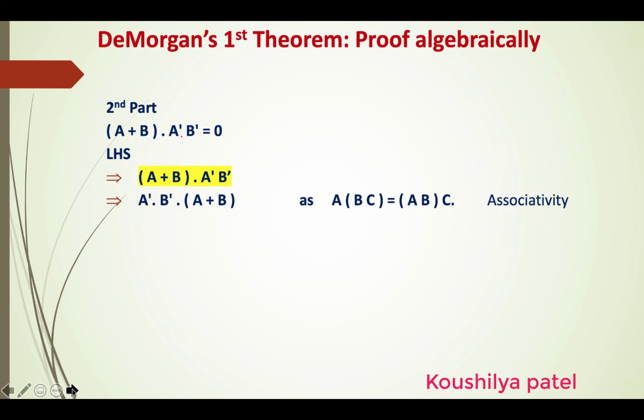So we'll apply associativity here. We'll write A complement into B complement into (A plus B), as there will be no change by using the associativity law.